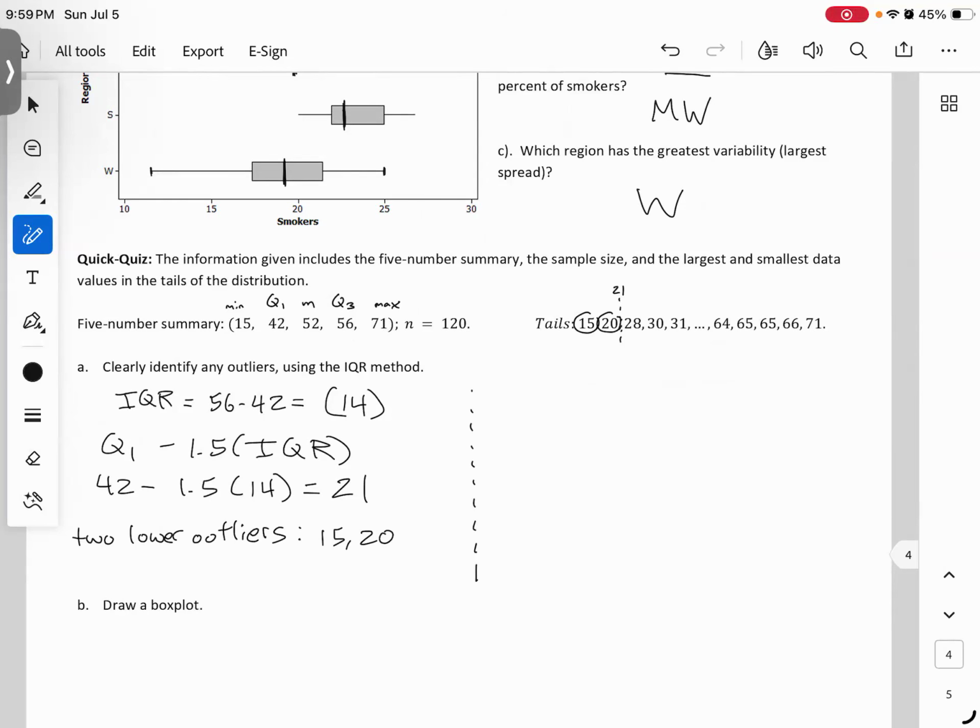And go ahead and do the upper outliers. I'm going to give you a quick little recall. It's taking the Q3 plus 1.5 times your IQR. So go ahead and do that little calculation in your calculator. You're going to get your cutoff and you're going to see if anything is an upper outlier, like if any of these are unusually too big.